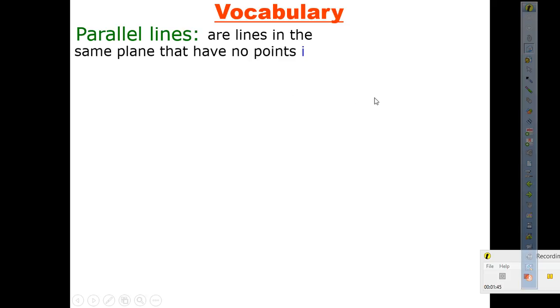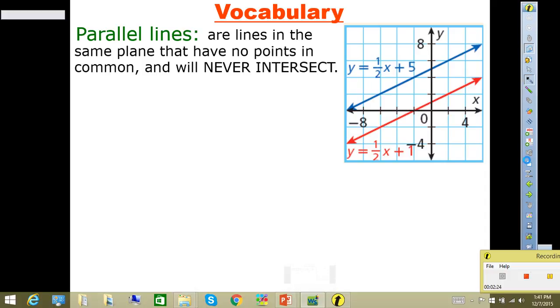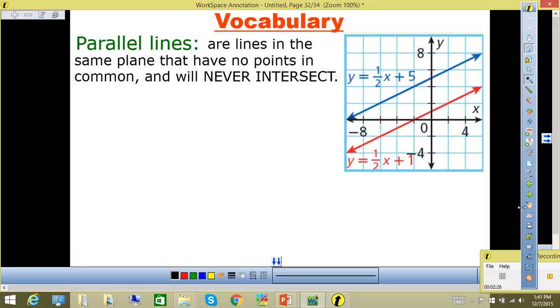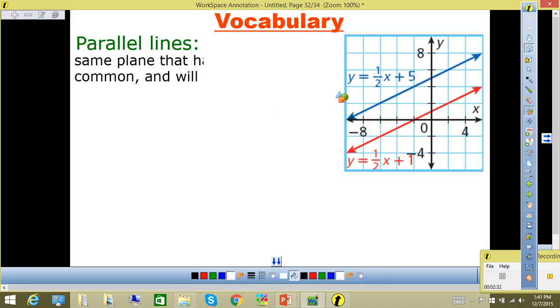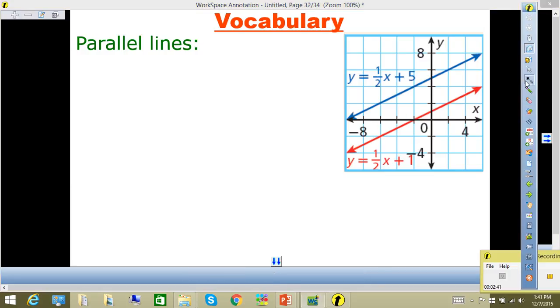So check this out. Let me show you the graphs with their equations. There it is. And we're going to come up with a definition using the equations. So I'm going to go ahead and erase this definition. And we're going to come up with another one using the equation. So look up, please.